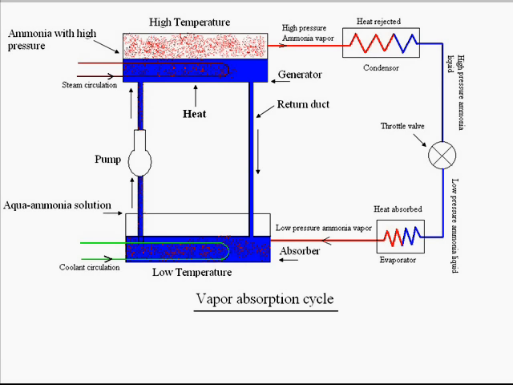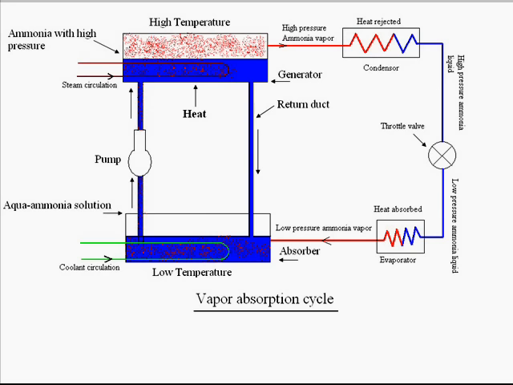We can see in the diagram of the vapor absorption cycle that there is a generator, and there is an absorber where there is a solution of water and ammonia at lower temperature. The temperature is low, so it is soluble. Now it is sent to the generator with the help of a pump, and the generator is at higher temperature. So what will happen? The ammonia will release from the water and develop a high pressure over the water.